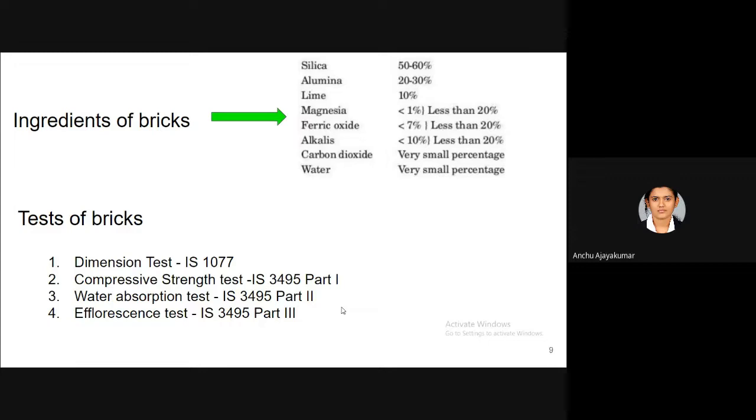First one, IS 1077, is the Indian Standard code used for dimension tests on brick. The compressive strength test is from part 1 of 3495, the water absorption test is in part 2 of the same code 3495, and the efflorescence test, the white color presence in the mixture, is in part 3 of 3495.